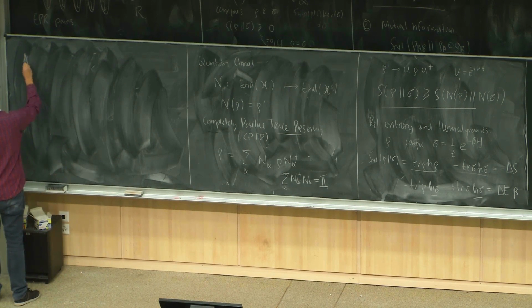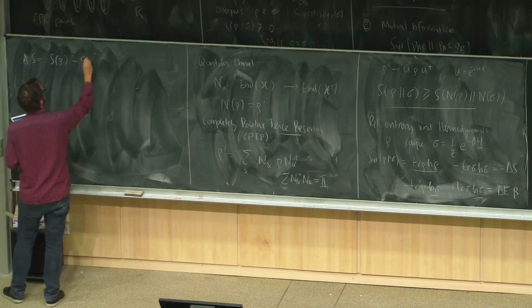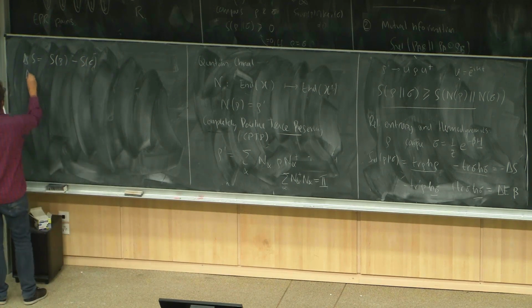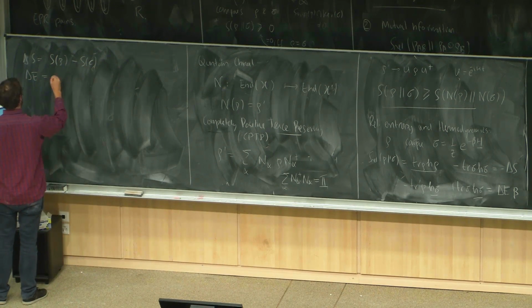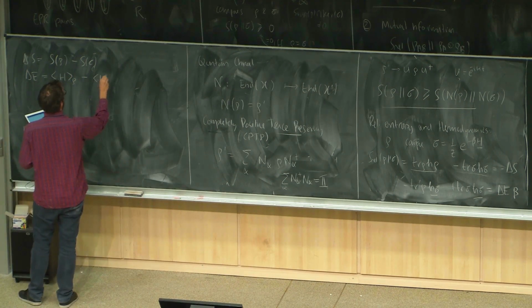So delta S is S rho minus S sigma, and delta E is the expectation value of H in rho minus the expectation value of H in sigma.